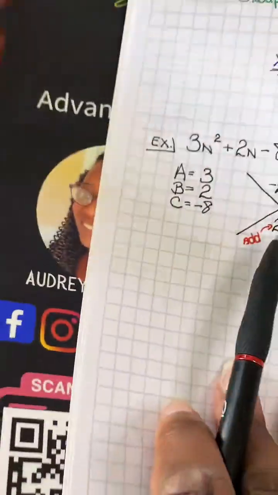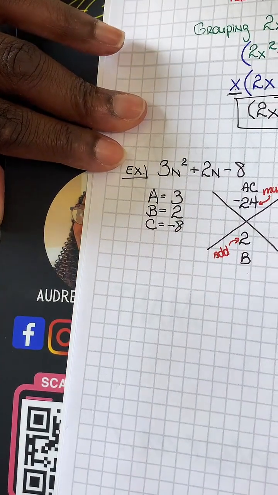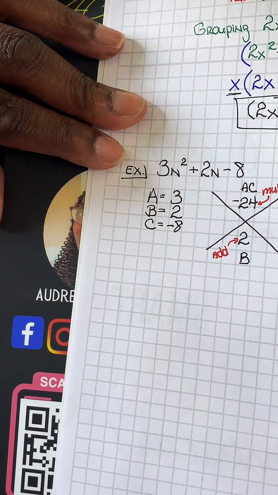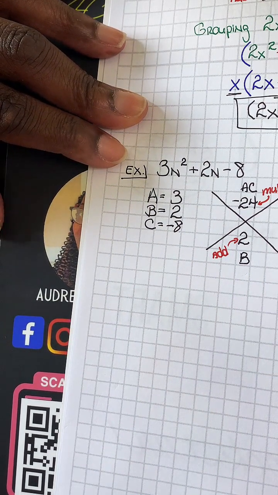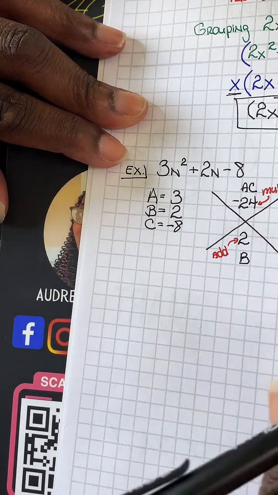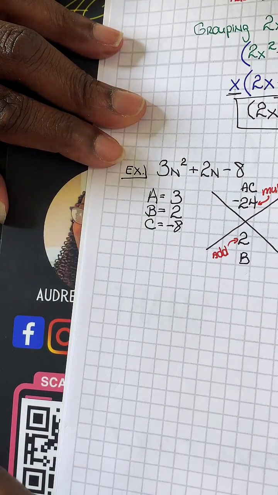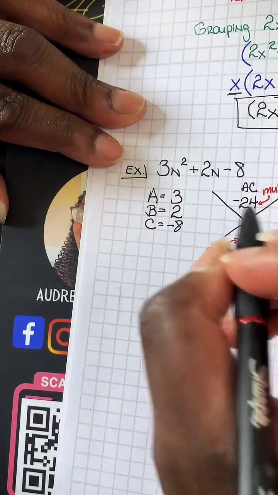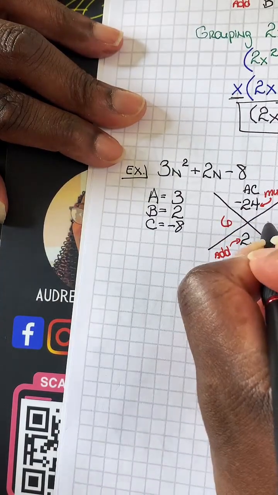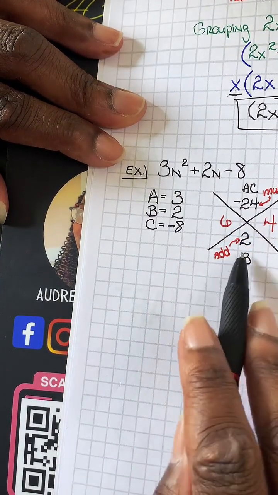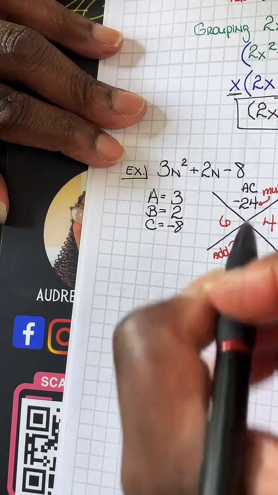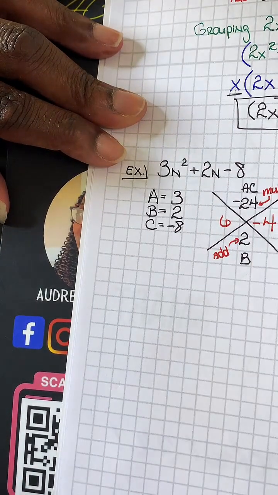We got the 6 and 4. It's 6 and -4. Now 8 and -6 would give me -48. So we know we got our 6 and our 4, and in order for me to get a +2, the 4 is the one that's going to be negative.